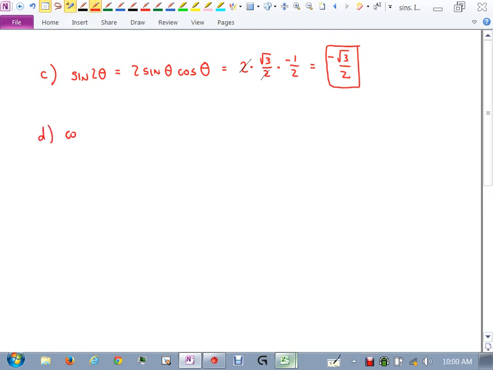Cosine 2 theta would be, well, you have 3 formulas to choose from, right? 3 of them. So you pick any of them. It doesn't matter which one. I'll just pick 2 cosine squared theta minus 1. So this becomes 2. Now what's cosine theta?